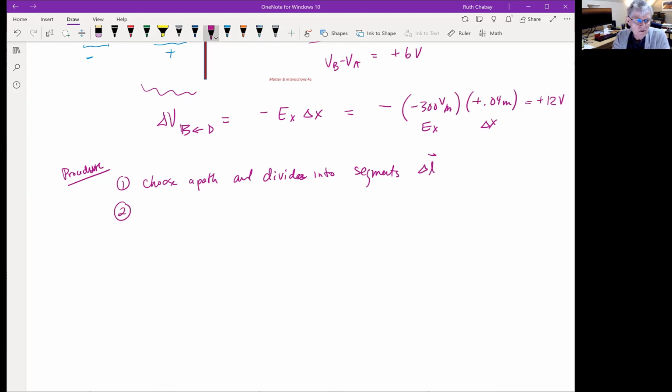We have to find delta V, and the key is where you have a value for the electric field. Then you have to find delta V for each segment. You add it up, and then you check the sign, if nothing else. Does it make physical sense?